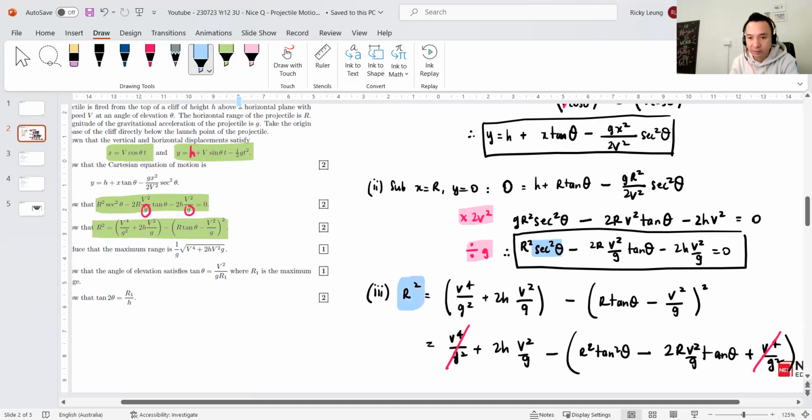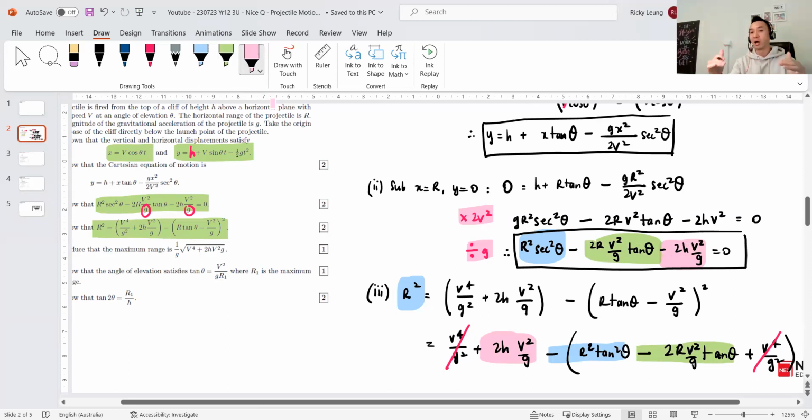R squared plus r squared tan squared. That's this guy, because when I expand it to 1 plus tan squared, that's this guy. And then I got positive, also when I bring it over to the left, this guy here looks like that. And this guy here looks like that. So this is the game plan. If I can see it now, I can prove that equals to that above.